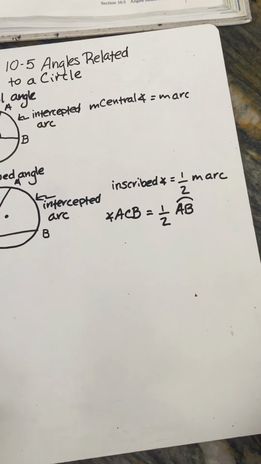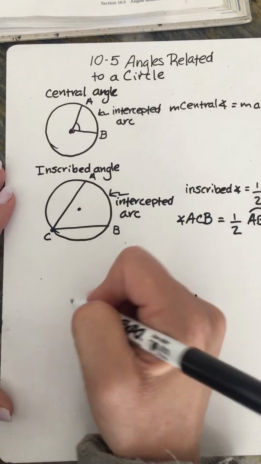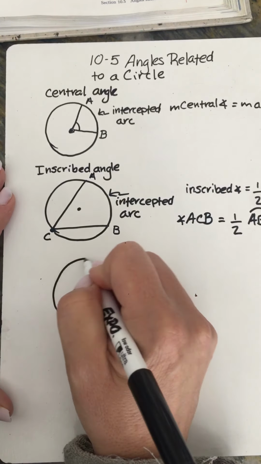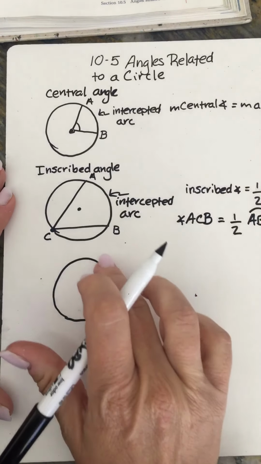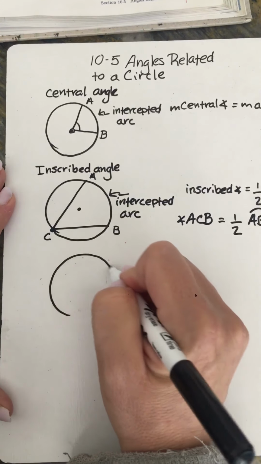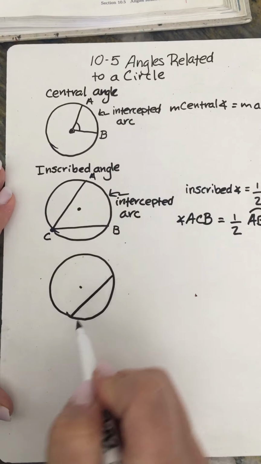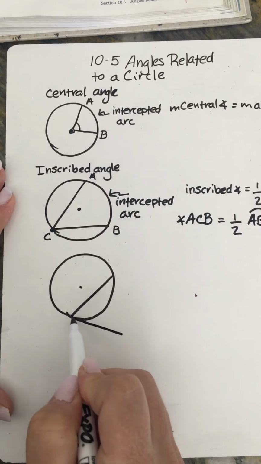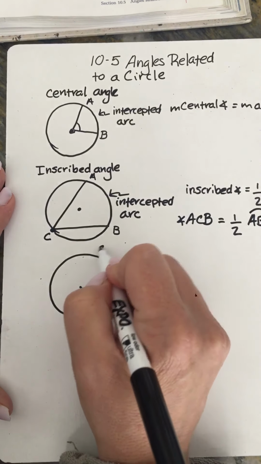That's how that works. There's another situation where the vertex will be on the circle, and that would be, oh, that's a terrible circle, isn't it? Maybe I'll have to redo that. There we go. Okay, so we have a chord, and then we have a tangent. So this is just called a chord tangent angle.